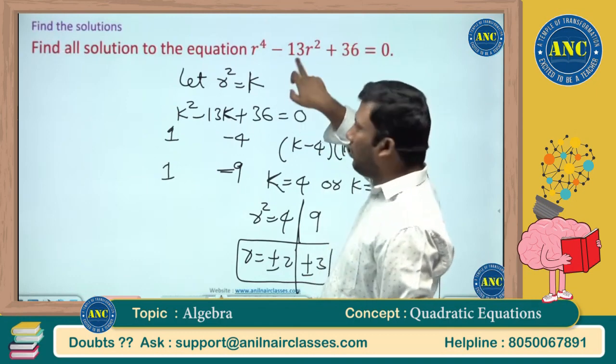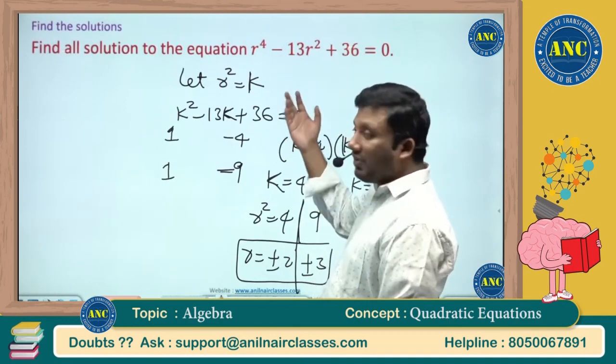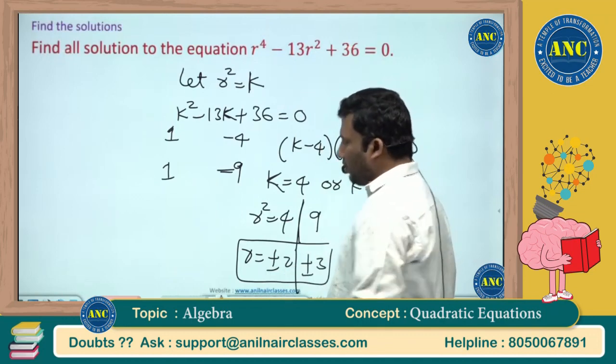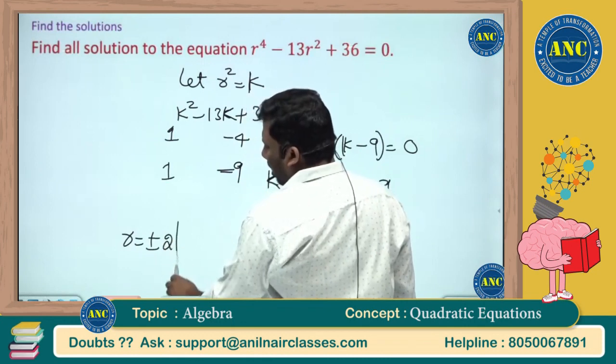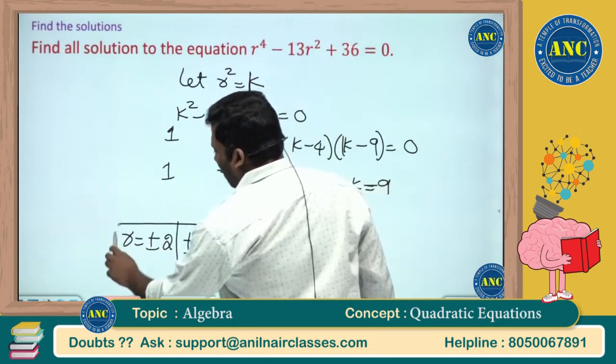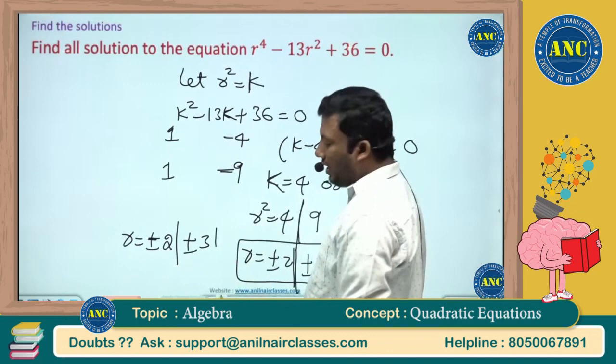Minus 2 square is 4, 4 13s are 52. 52 minus 52, it is 0. That means r value can be either plus or minus 2 or plus or minus 3. I hope the idea is clear.